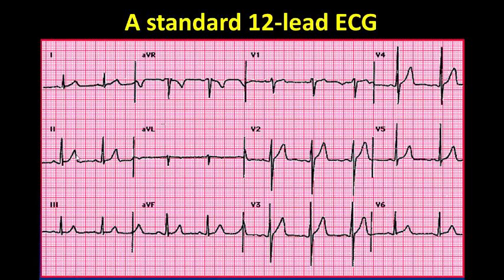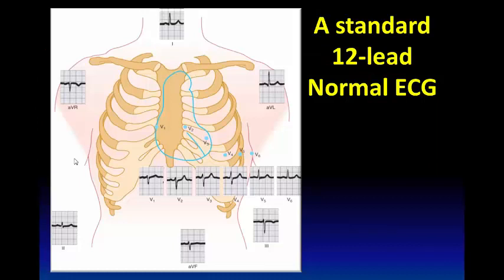If we measure the voltages of the T wave in lead 1 and lead 3 and sum up these voltages, the summed voltage would be equal to the voltage in lead 2, indicating that our ECG connection and placement of the electrodes were correct. This is again a standard 12 lead normal ECG.